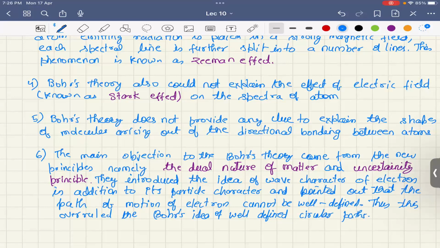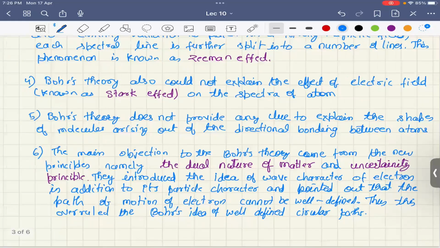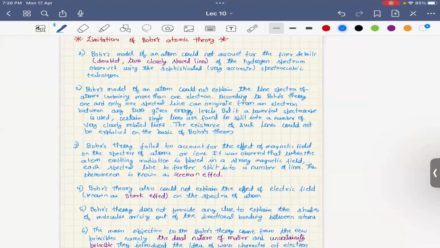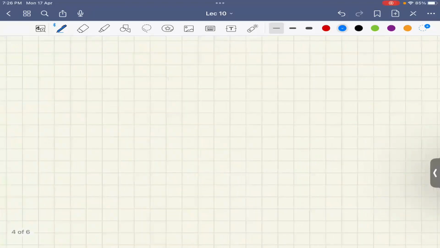And because of these many limitations, or disadvantages, of Bohr's model, this model was abandoned and a new model was proposed. So now we are going to study the dual nature of matter, and the experiments which proved it.